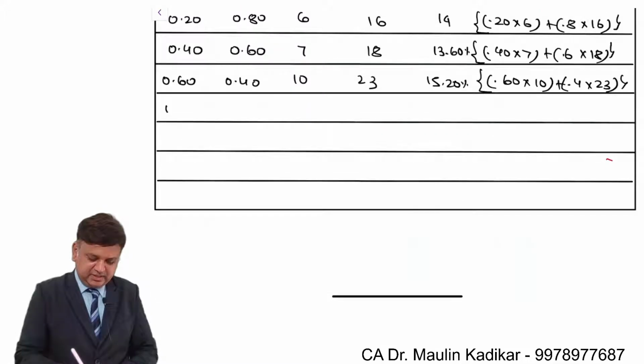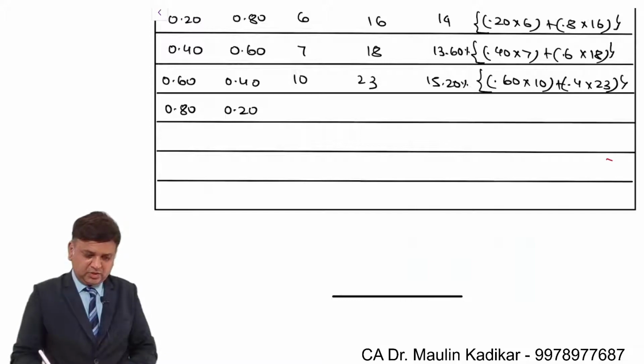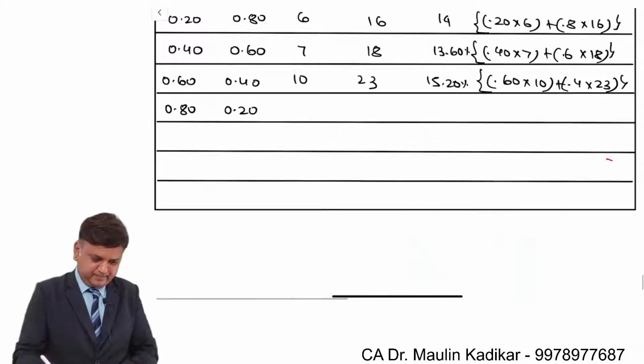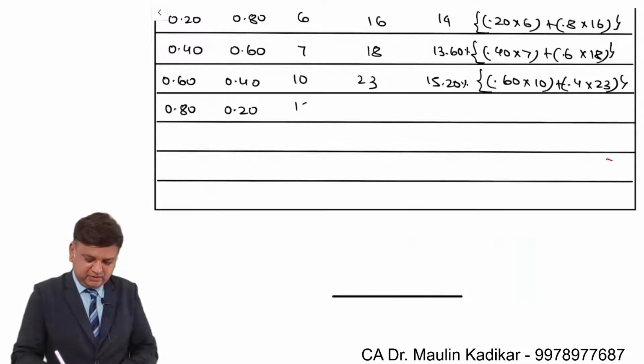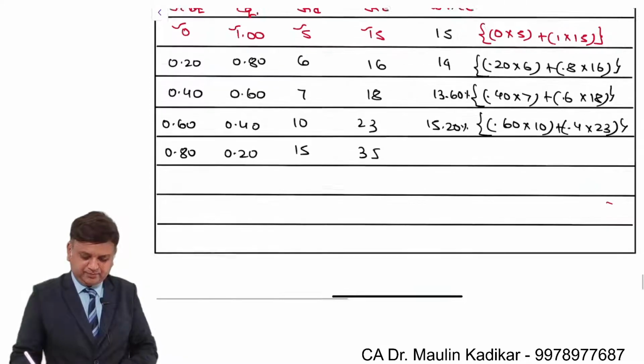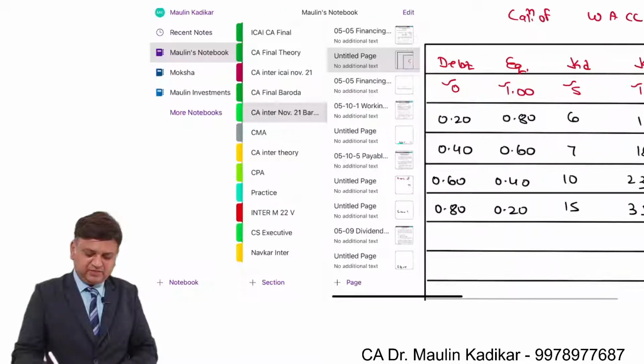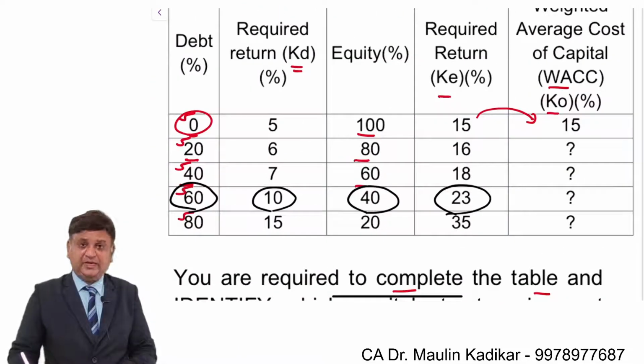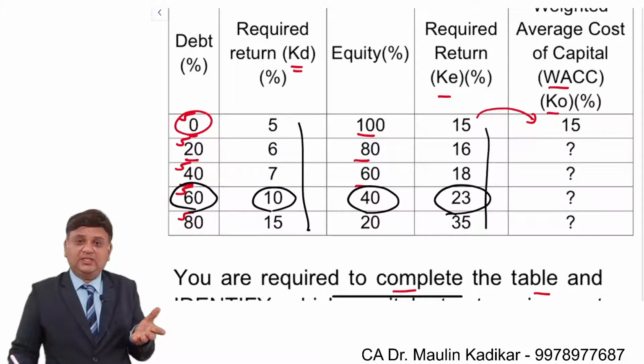Then it is 0.8 and 0.2. The cost is 15 and 35. You can again see that with the increase in the proportion of the debt financing, gradually the cost of capital also increases. Not only the equity cost increases, but even the cost of debt financing increases.